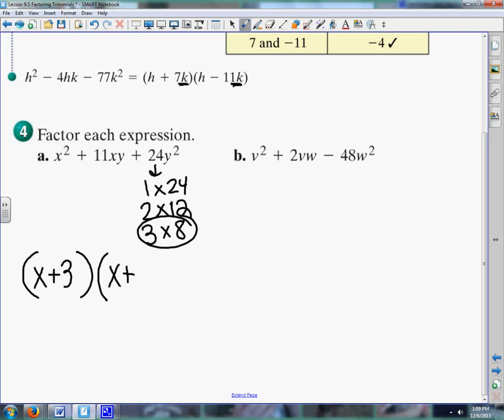Now, the 3 is going to have a y, and the 8 is going to have a y, because I looked here and it's xy. So then I have to have a y, and this is y squared. So when I do that last multiplication step, it's 3y times 8y. So try B.